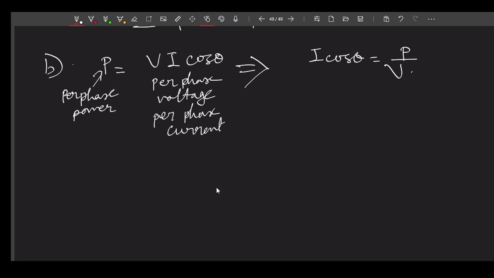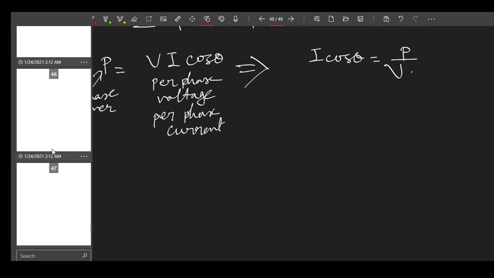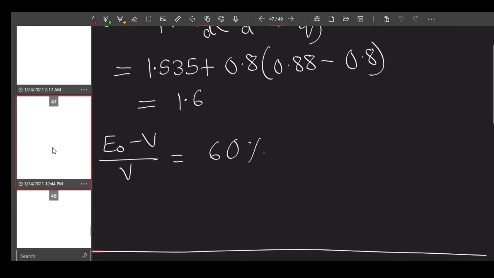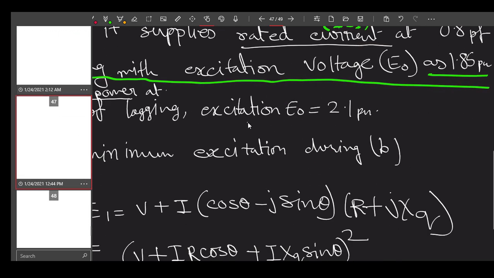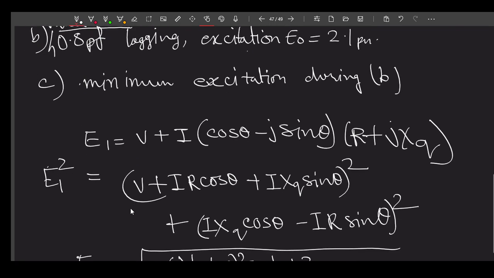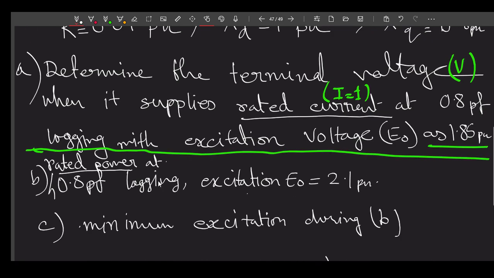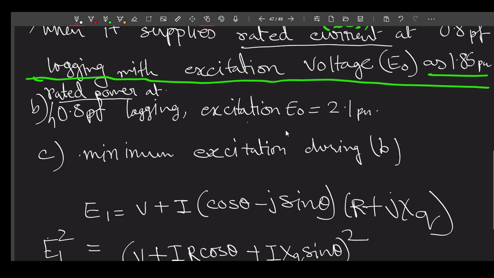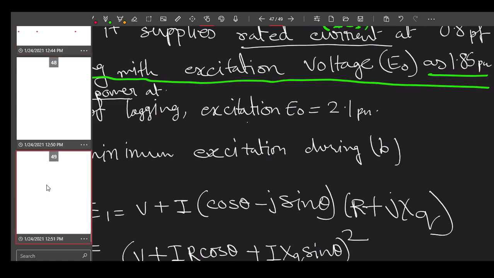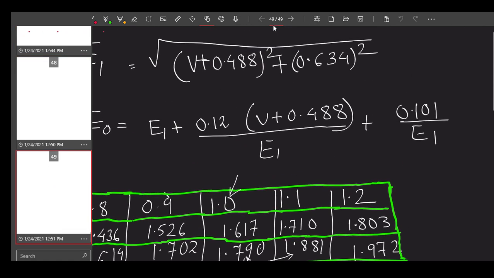Why are we now forming it in terms of P? Because the second problem is all about the rated power at 0.8 power factor lagging. So rated power is mentioned, and that is very interesting.